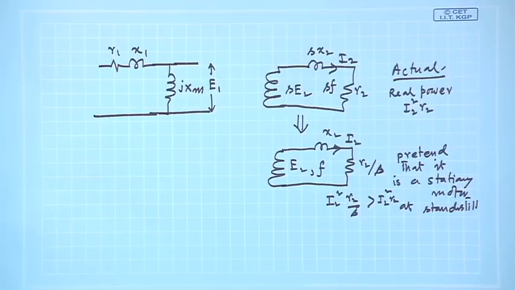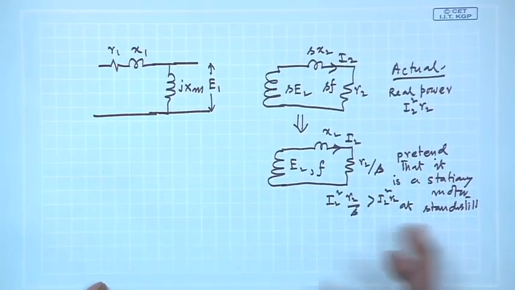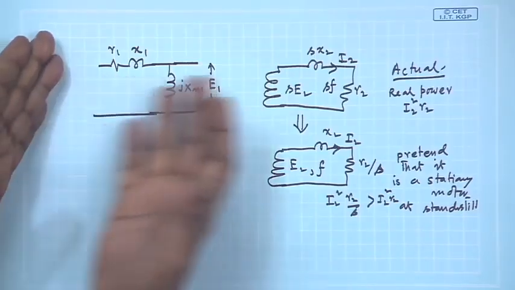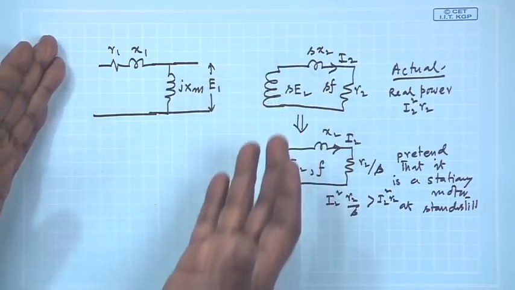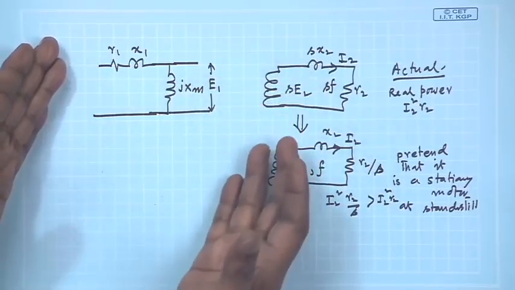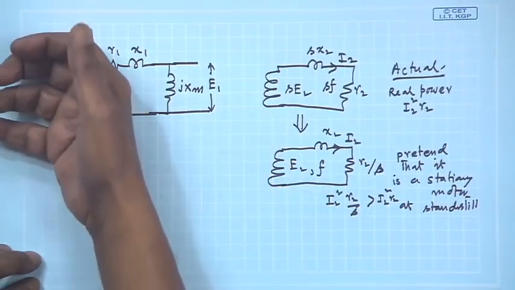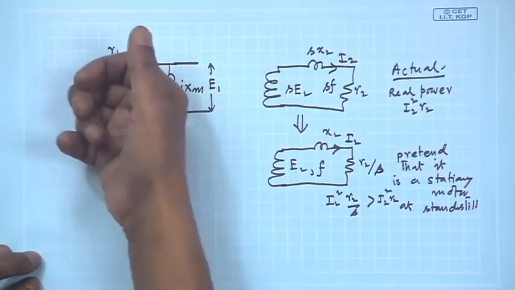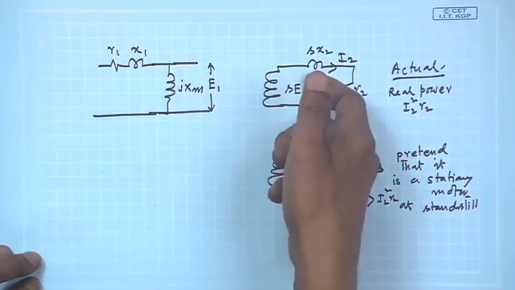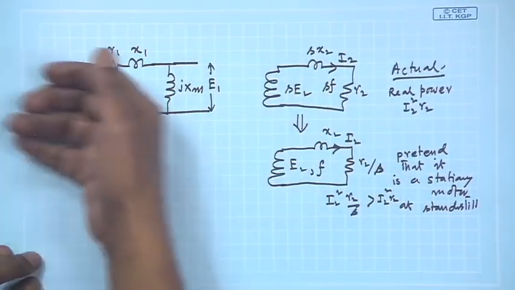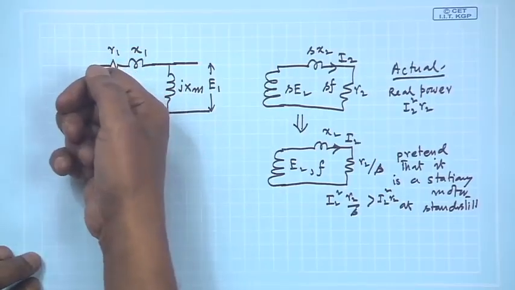Motor must run to deliver the mechanical power, but in this imagined case, the motor is not running. But as I told you, the stator will not distinguish between this and this. This is also corroborated by the fact that the total real power drawn from the supply in this case and in this case has to be the same.